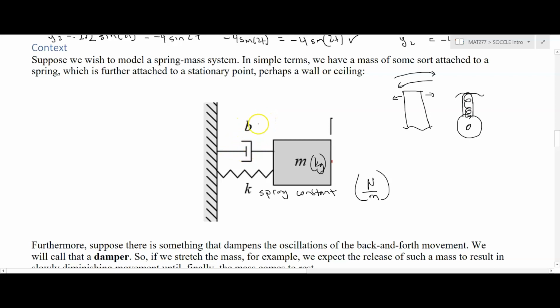Well, oftentimes this is referred to as a dash pot, and this is what we call the damping coefficient. So in the spring, there's actually something called a strut that comes down through here, and it uses pneumatic pressure so that even though the spring will continue oscillating, it resists the oscillation and slows it down.